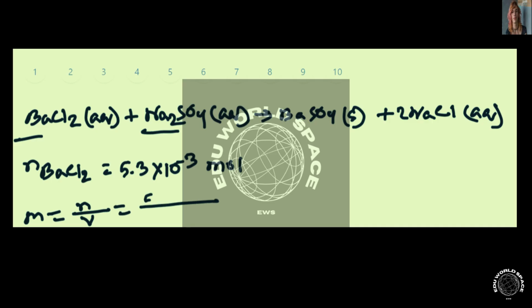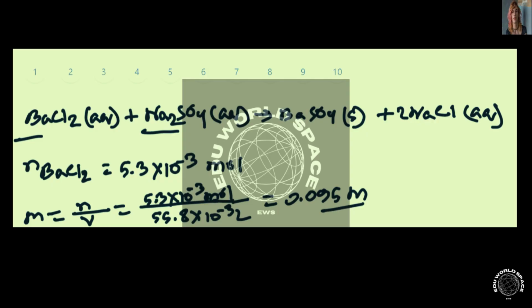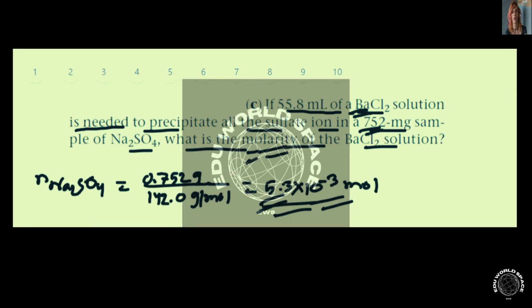Number of moles is this one, over the volume, which is 55.8 milliliter. We'll write it as liter, just multiplying by 10 to the power minus 3, and this will give us a value of 0.095 molar. So this is the molarity of barium chloride solution.